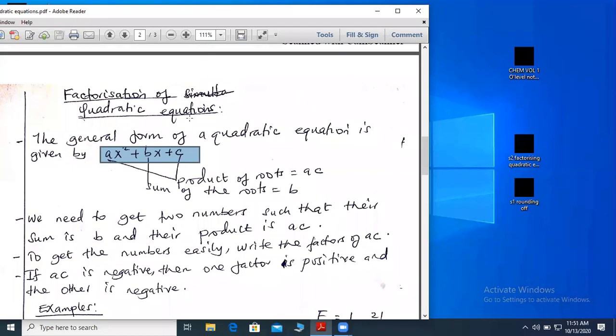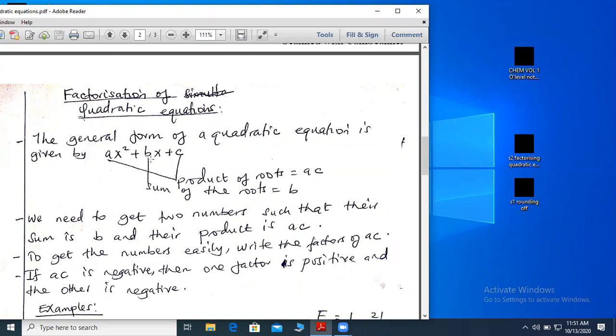When you multiply them, you get AC, A times C. So first arrange your equation in this form, then the product of the factors which you are going to get is A times C. That will be the product of factors.